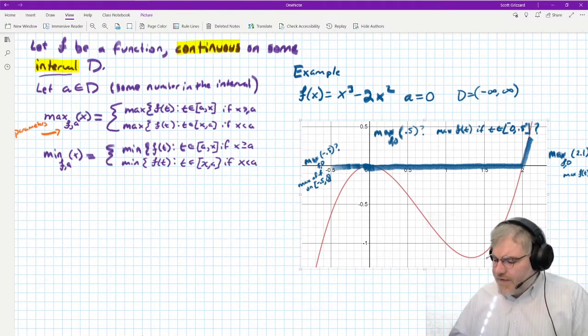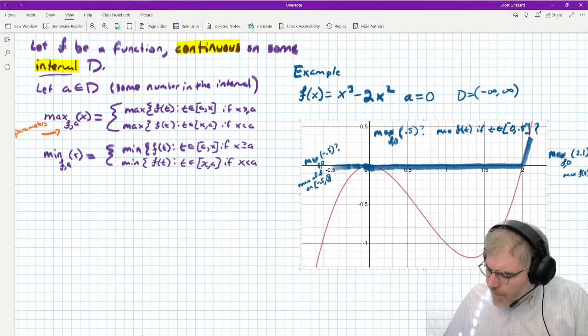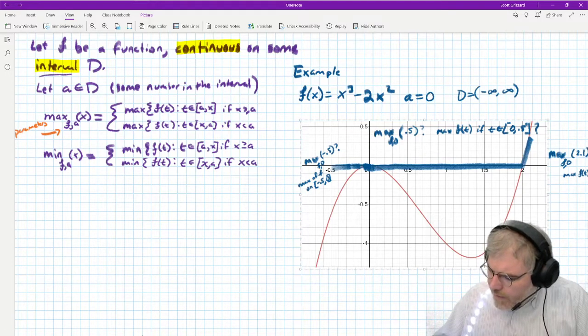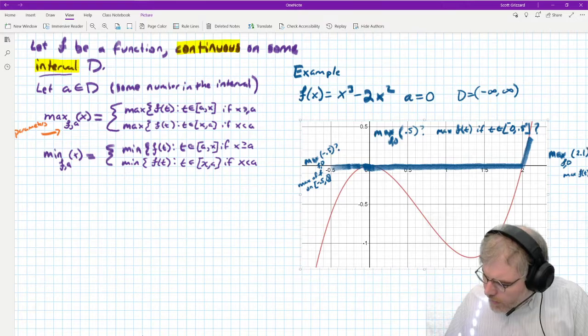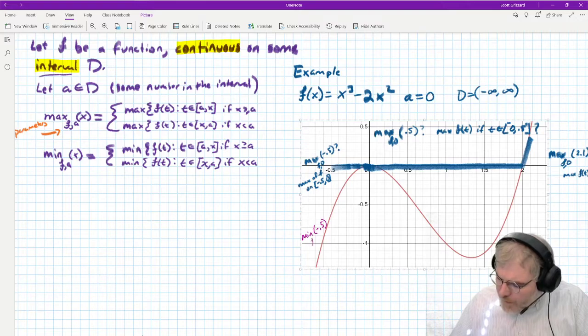So I have the exact same question, but now my question is, what is the min of f on the interval from negative 0.5, if my base point is still the same?